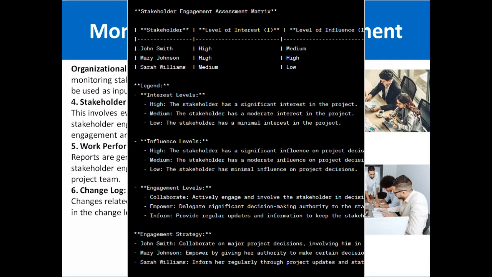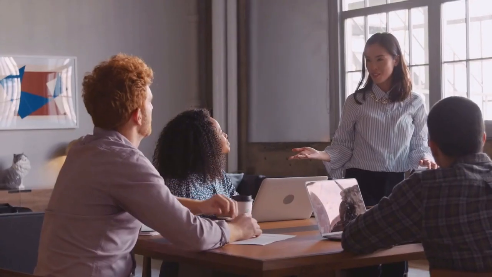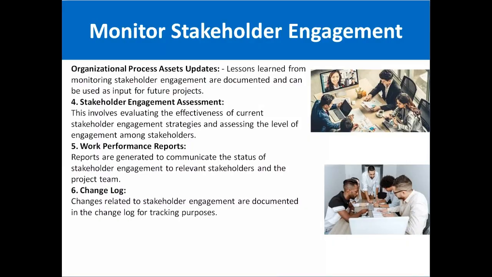Stakeholder engagement assessment involves evaluating the effectiveness of current stakeholder engagement strategies and assessing the level of engagement among stakeholders. Work performance reports means the reports which we generate for work performance can be updated for the relevant stakeholders and the project team.